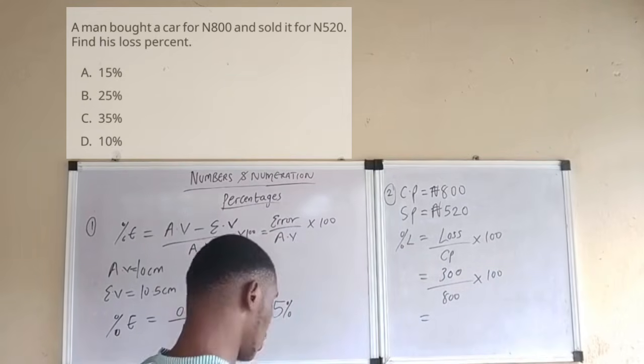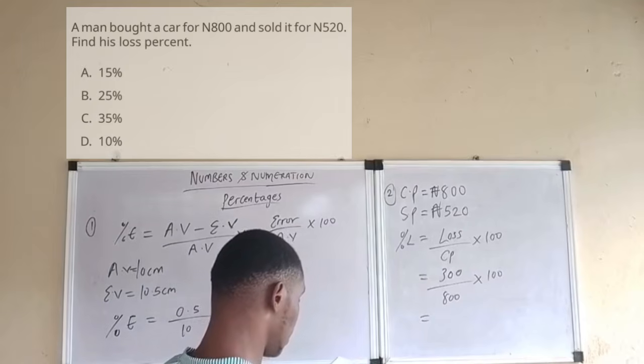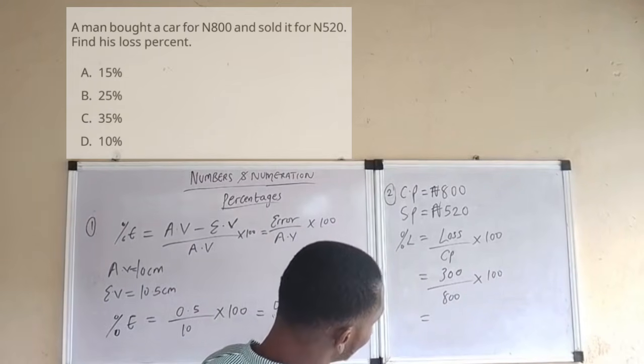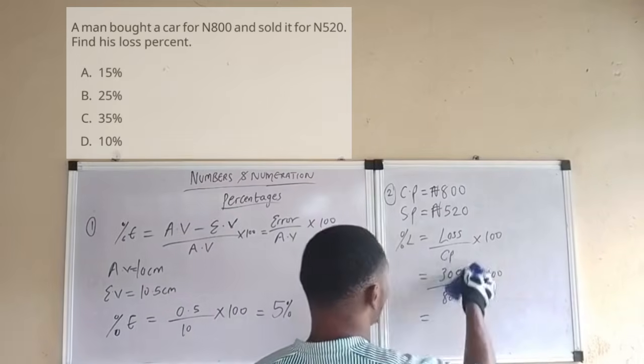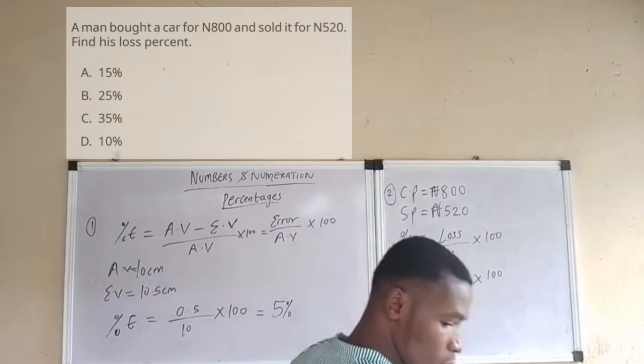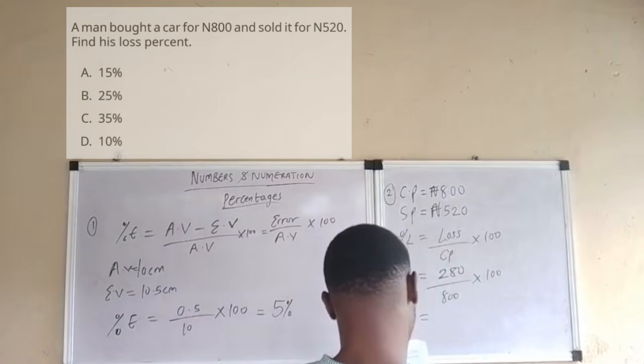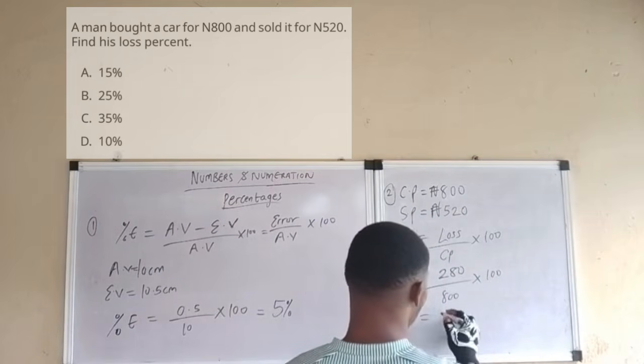So this is how we're going to get the loss percent. Okay, seems like there's a little error here. This is meant to be 280, not 300. All right, so 280 over 800 times 100, and that's going to give us 35%.